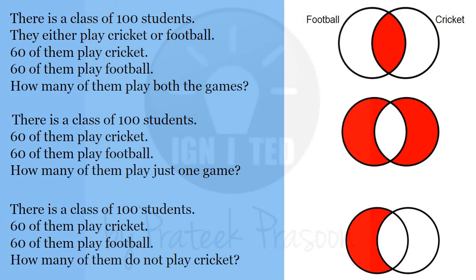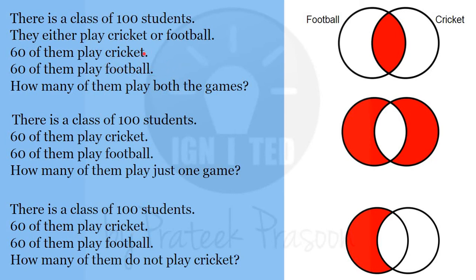Now we also know that 60 of them play cricket. So first of all we will give to the remaining 40. Now 40 are left, so we will give the remaining 40 a bat, and then 100 students will be completed. That is, 60 will play football and 40 will play cricket.